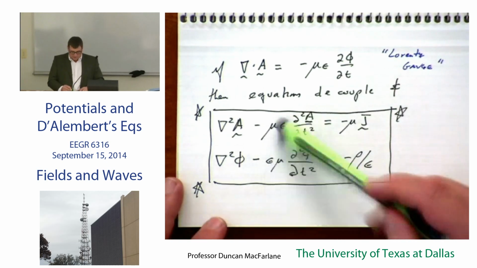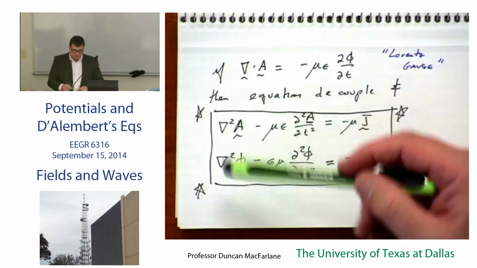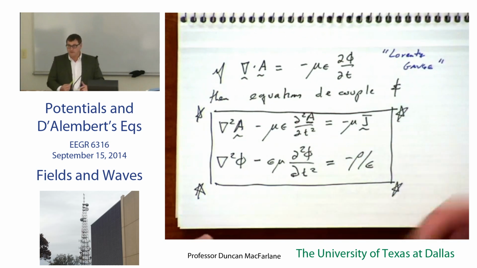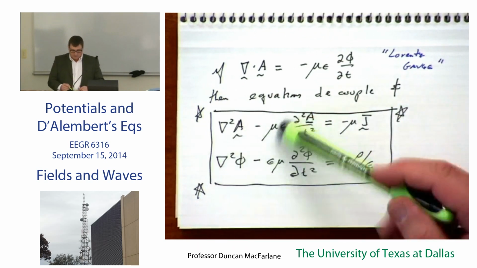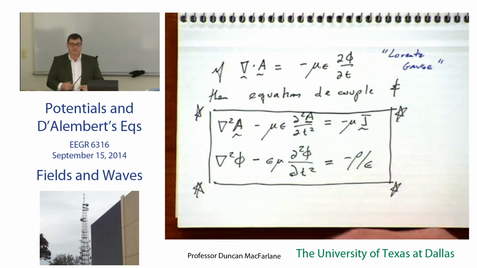Now let's take a look at this constant here. Forcing term, second order partial differential equation, forced, linear, with constant coefficients. Mu and epsilon are just numbers. Epsilon is 8.8 times 10 to the minus 12 meters per second. Farads per meter. Silly me.